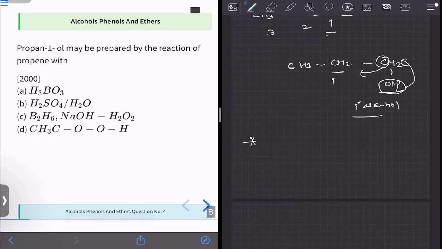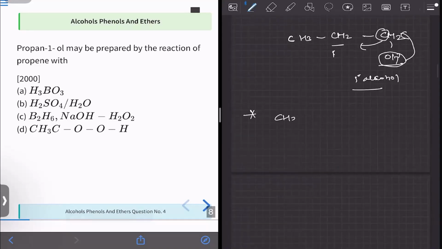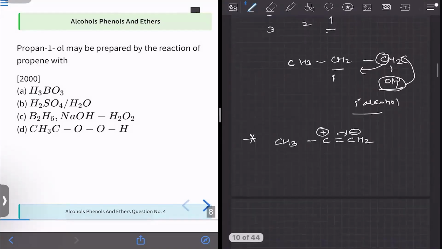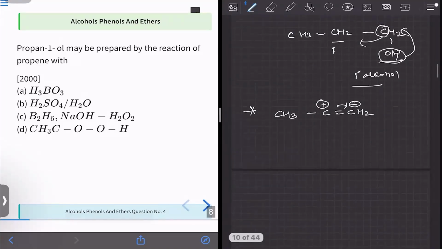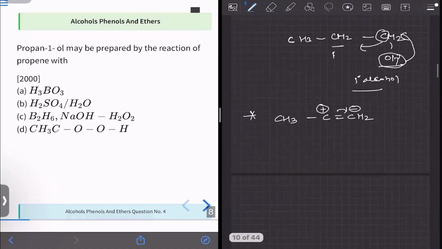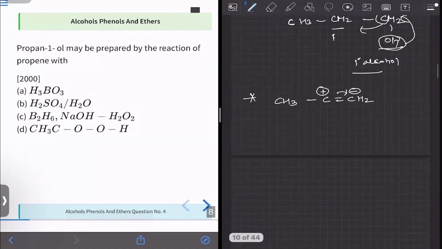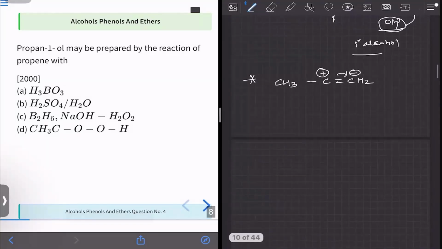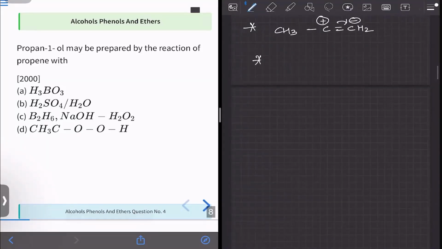See how it takes place. CH3CH=CH2. Whenever this bond shifts, one end will get negative, one will get positive. How does the bond shifting take place? Which one will be useful to produce alcohol? See, whenever it reacts with B2H6, NaOH, H2O2.